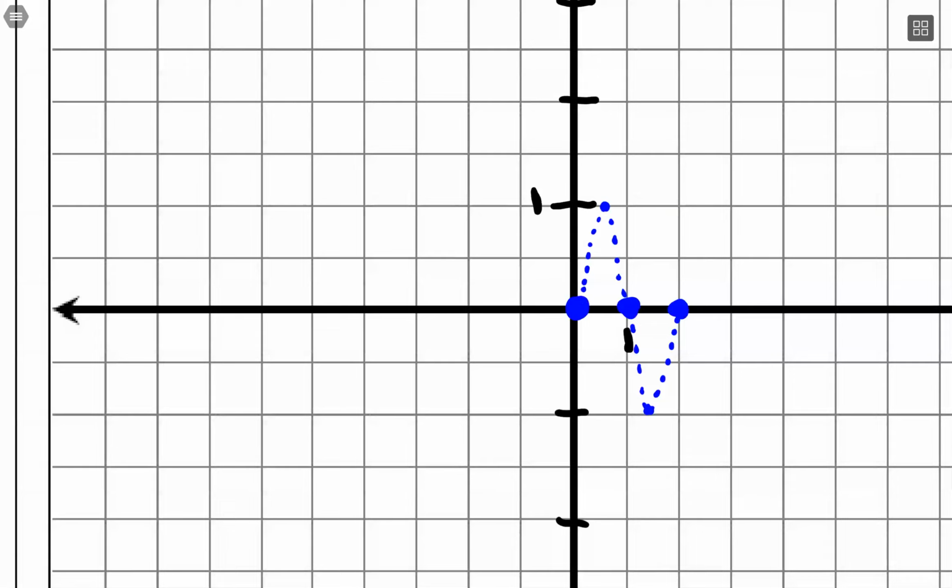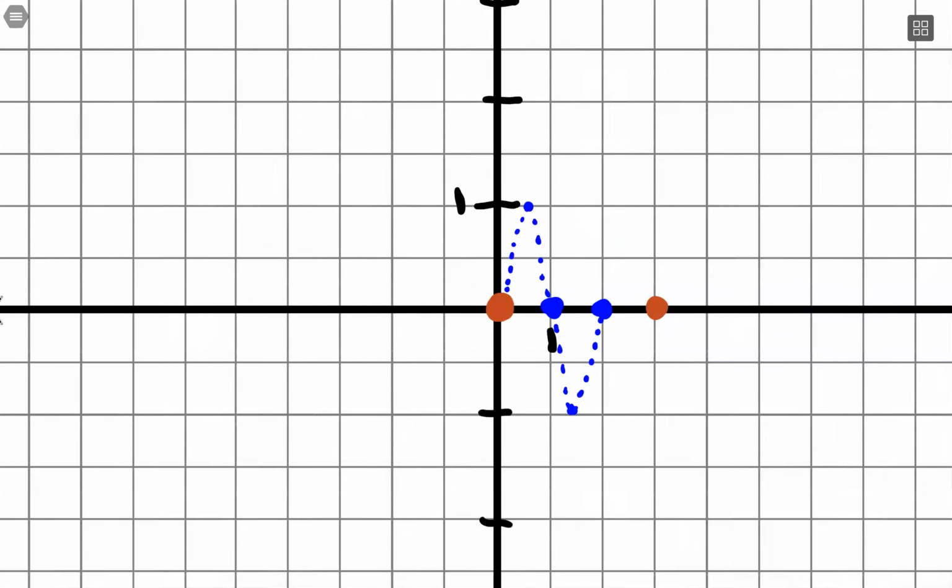So 0 is going to stay exactly where it is, but here where I have this distance of 1, I'm going to do that distance times 3. So now that'll be out there. Where I have this coordinate right here at 2, 0, we're going to stretch that by 3. So instead of a distance of 2, we'll now have a distance of 6. So 2, 4, 6.